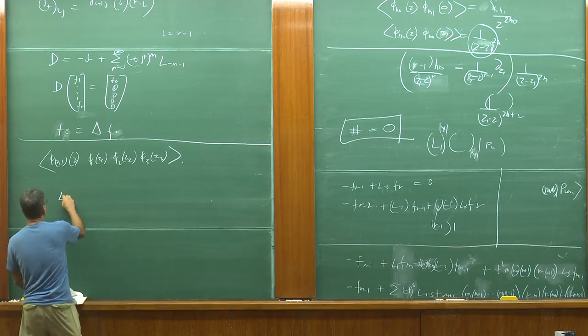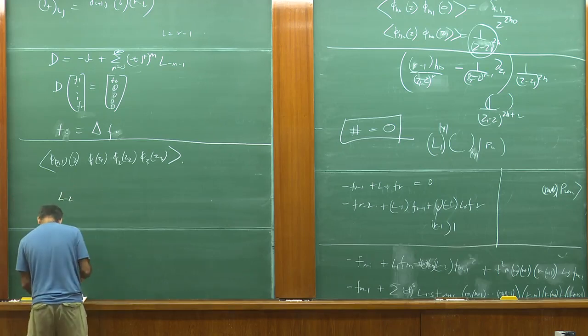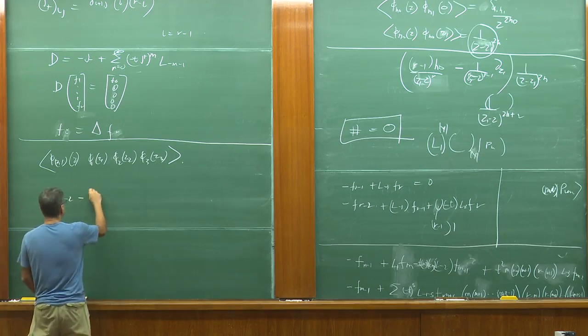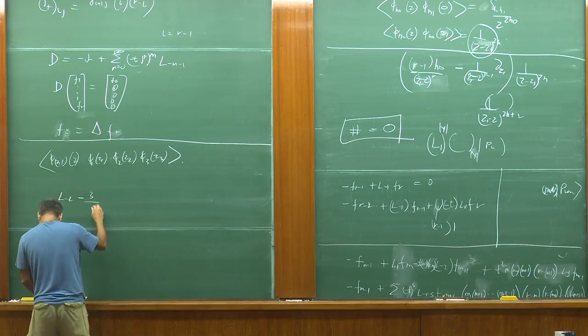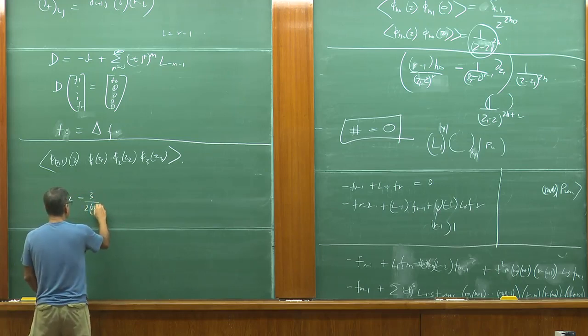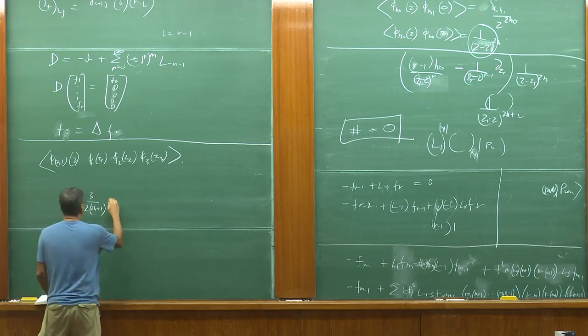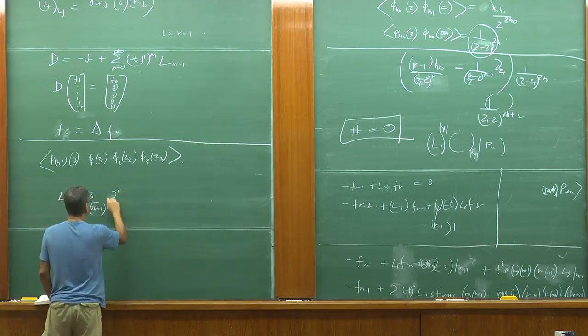We had the differential equation: L minus 2 minus 3 divided by 2 into 2h plus 1 times d squared by dz squared.